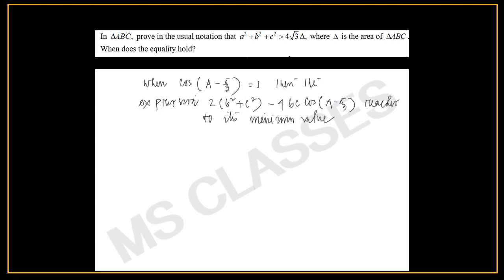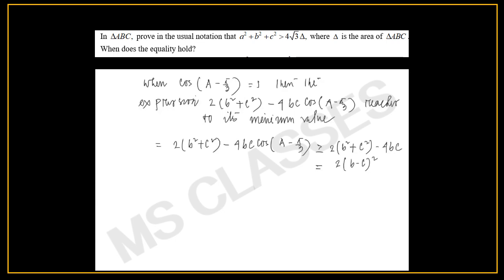That implies that we can write now 2 times b square plus c square minus 4 times bc cos of A minus pi by 3 is greater than or equal to 2 times b square plus c square minus 4 times bc. Now this is same as 2 times b minus c whole square.